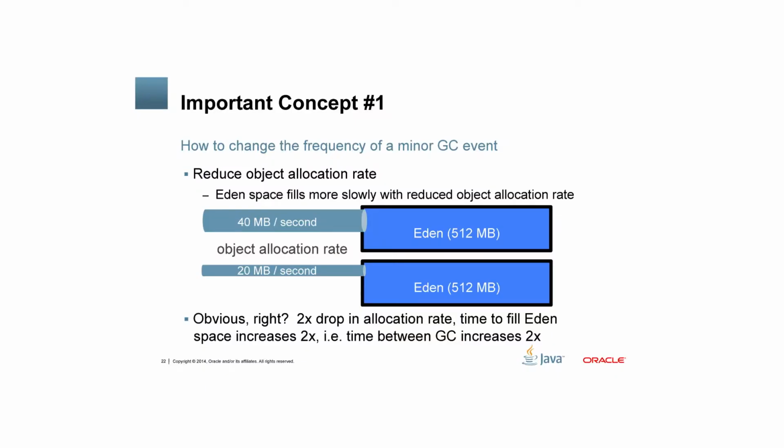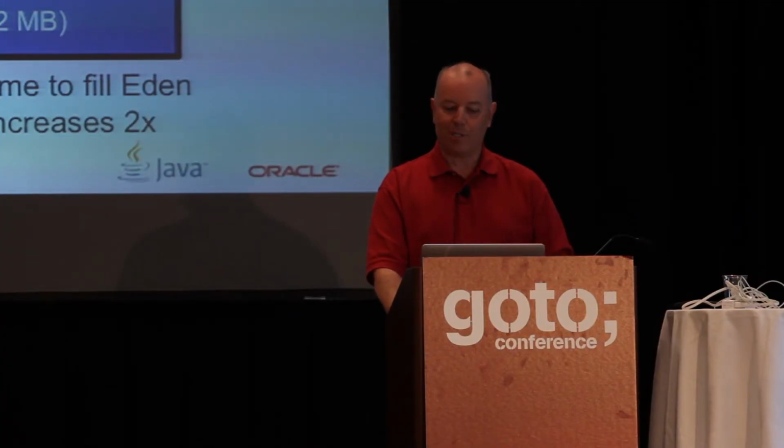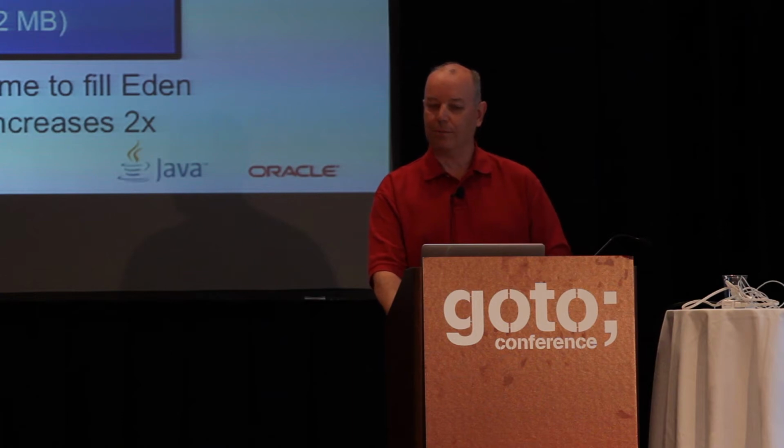If I cut in half the object allocation rate, and keep the same size Eden space, it's obvious, right? I've got a 2x drop in allocation rate. The time to fill Eden space increases by 2x. The time between GCs is now 2x greater.